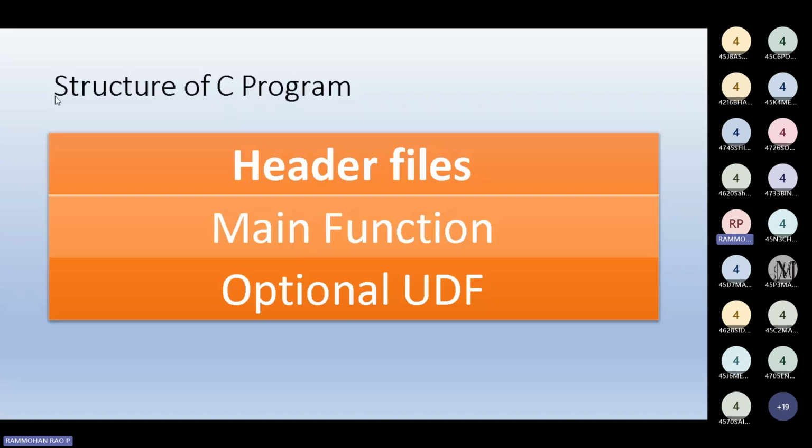So header file is nothing but a file which contains built-in functions. A lot of header files are there. Math.h is there, stdio.h is there, conio.h is there. Conio stands for console input output.h. Our very popular functions like clear screen, getch, you find them in the console input output.h header file.